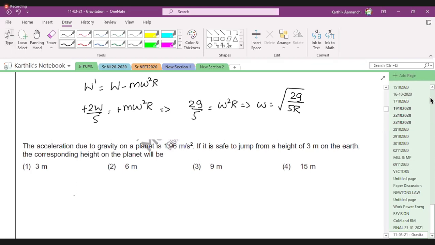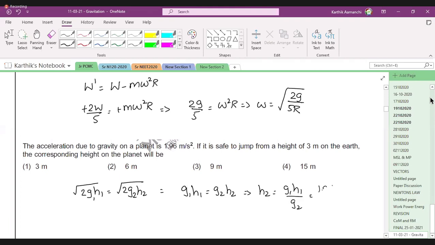So we use under root g1 h1 should be equal to under root g2 h2. From that, h2 is equal to g1 h1 divided by g2.